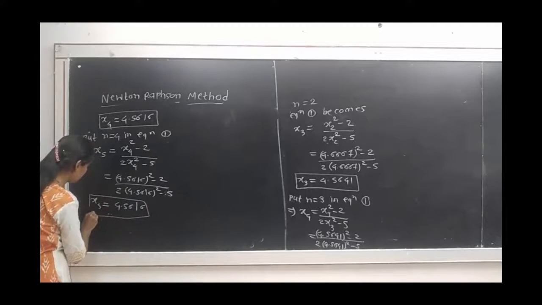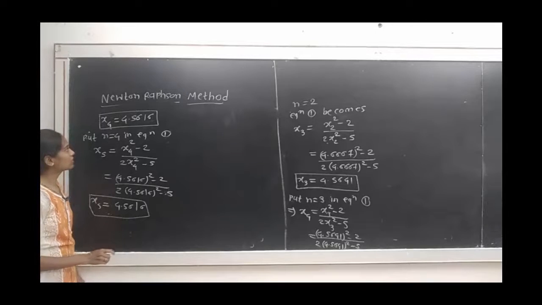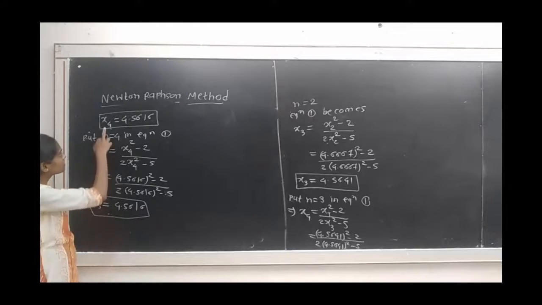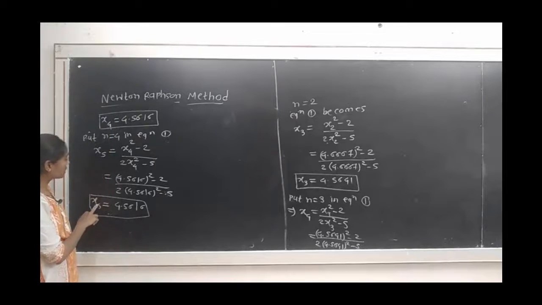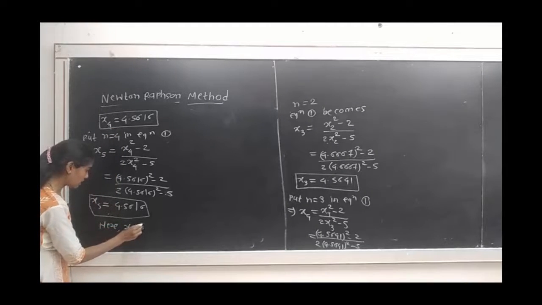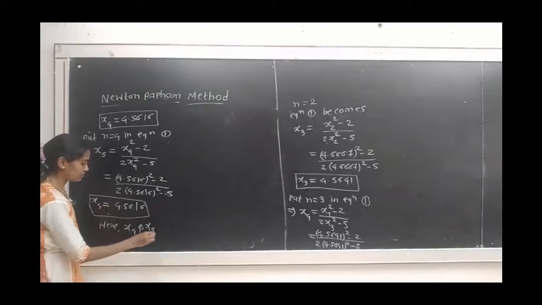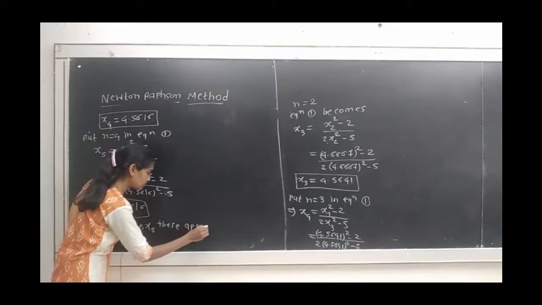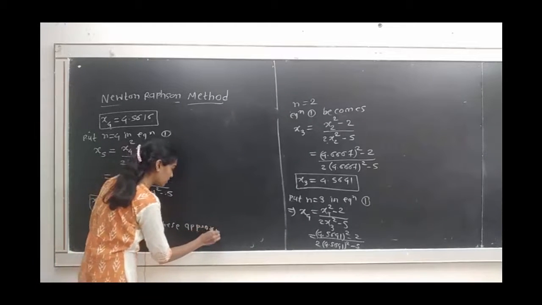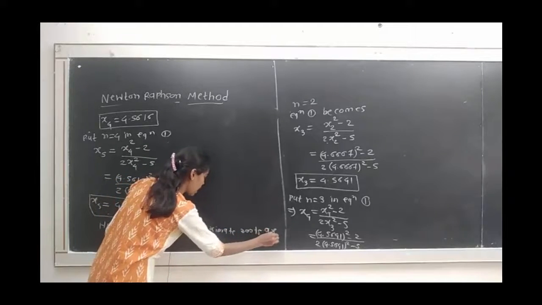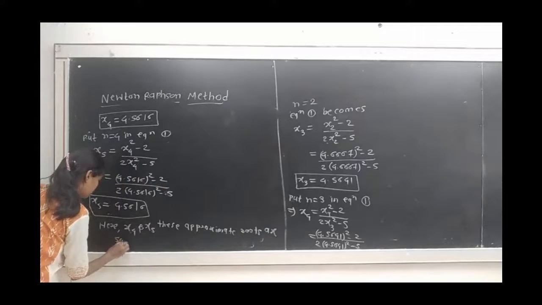Then see here, if we observe the two approximate values, x4 and x5, these two approximate roots are the same.